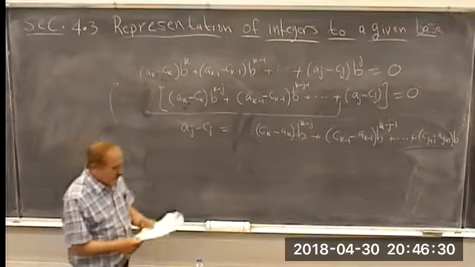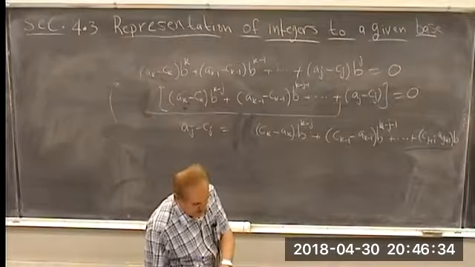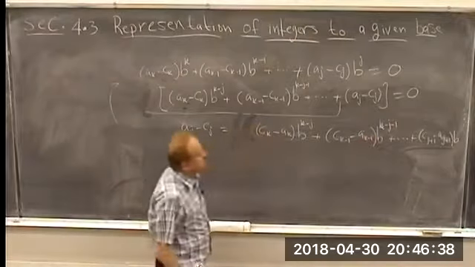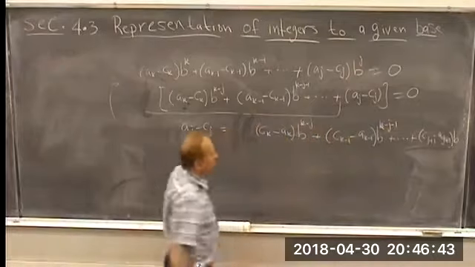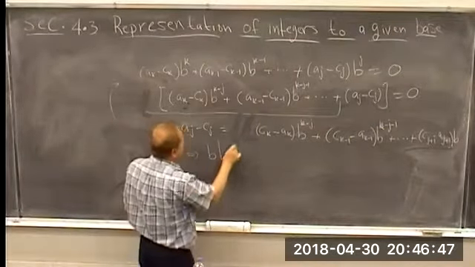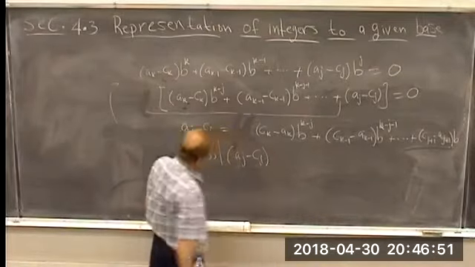Now, each one of these actually has a B in it, right? The very last one is B, and this one has a bigger exponent. So this implies that B divides A_j minus C_j.